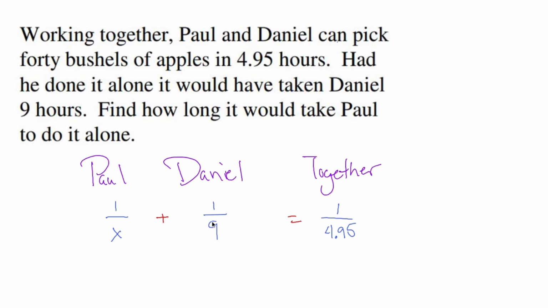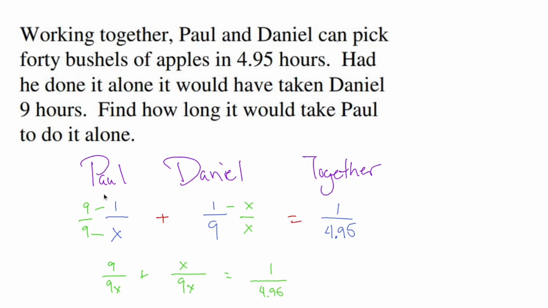So I need to combine these fractions. Remember, when you combine fractions, you need the denominators to be the same. Since you have x in the denominator and you have 9 in the denominator, I'm going to multiply you by 9 over 9 and you by x over x. That's going to give me 9 times 1, which is 9, plus 1 times x, which is x, over 9 times x, which is 9x, and that equals 1 over 4.95.